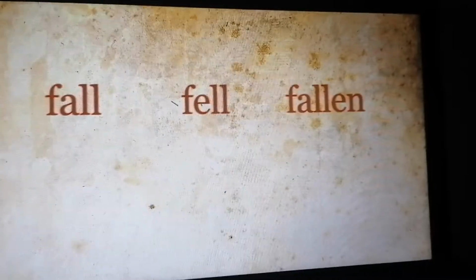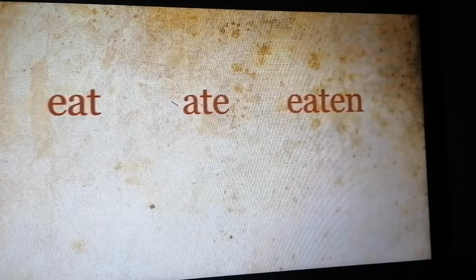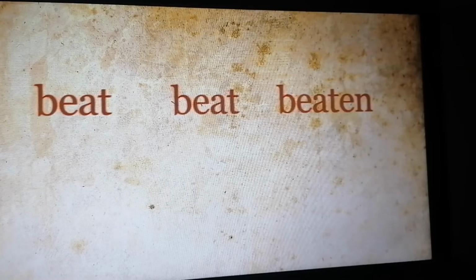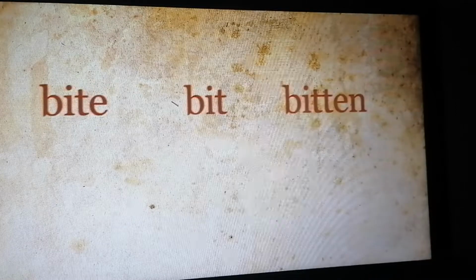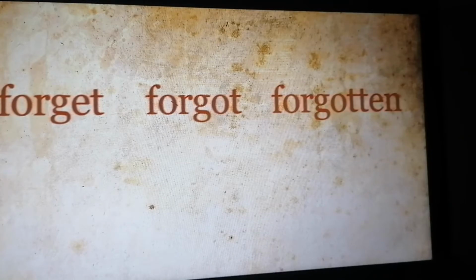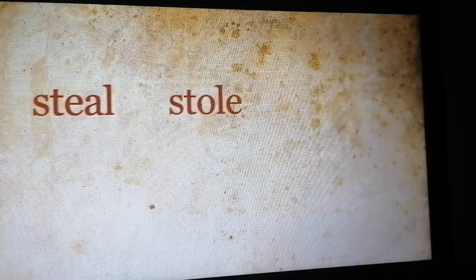All found, fold, and break, broken. Drawn, driven, eaten. Beaten, hide, hidden. Catch, go, some fish, and it bite, bitten. Speak, spoken. Steal, stolen, write, wrote, written, see, saw, seen.